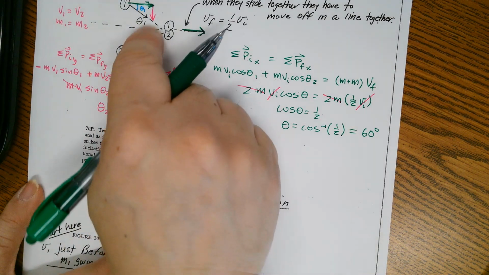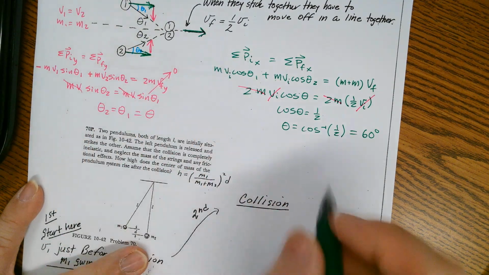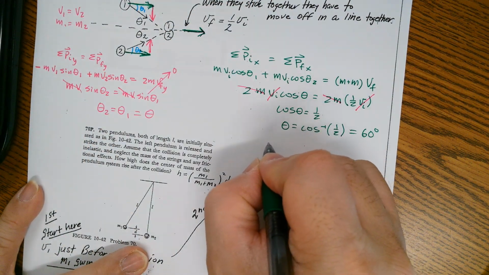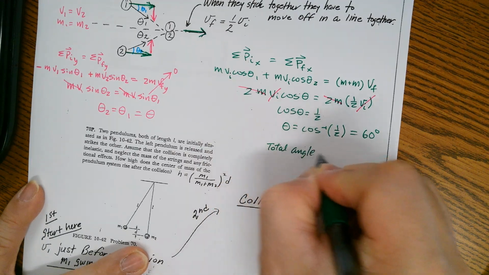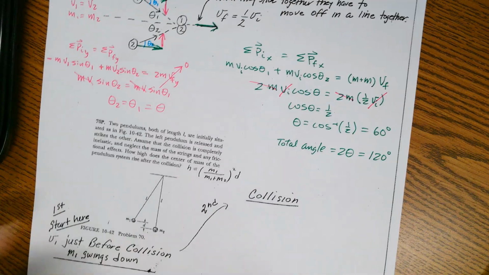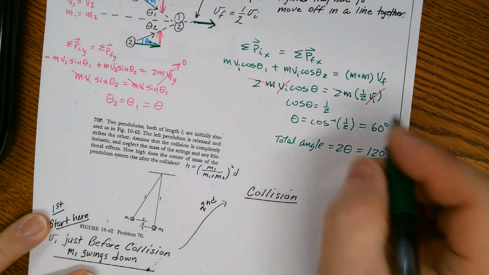That means the angle between them, since they were 60 here and 60 here, so the total angle is equal to 2 theta, which is equal to 120 degrees. All right.